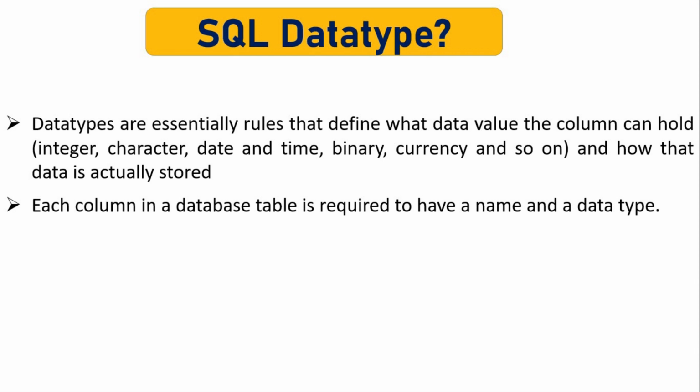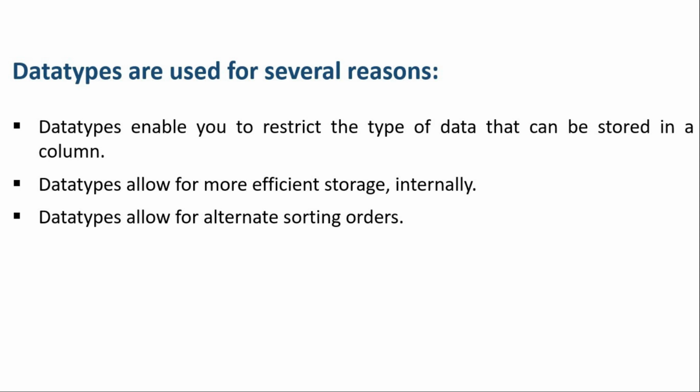So at the time of table creation, a SQL developer must decide what type of data will be stored in each column of the table, because it will help SQL to understand what type of data is expected inside each column. And it is mandatory for each column in a database to have a name and a data type.